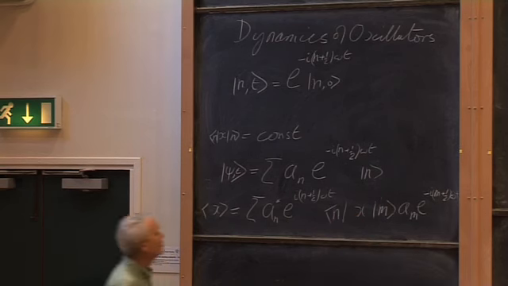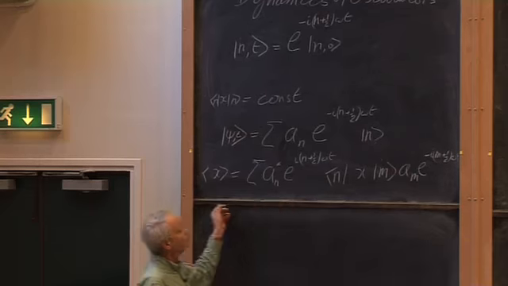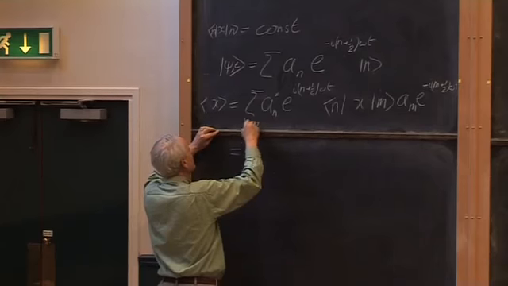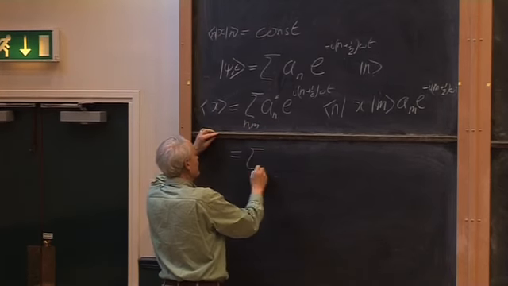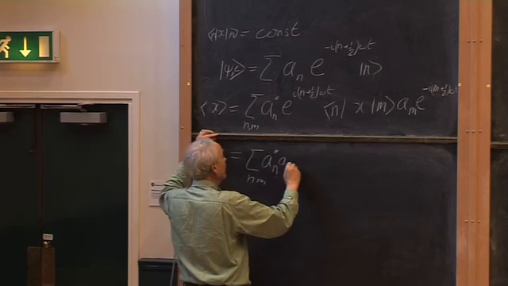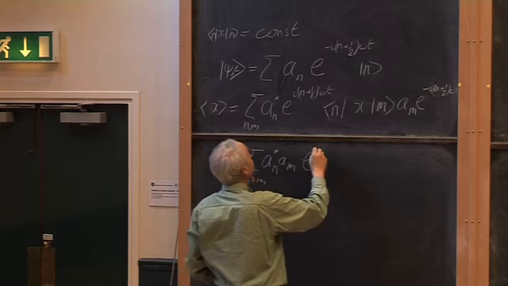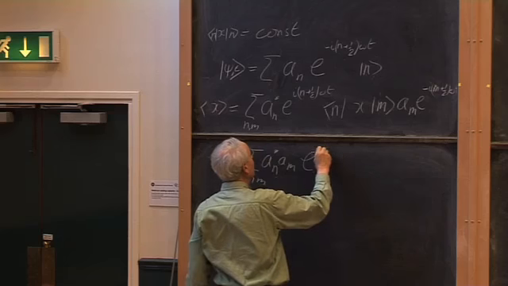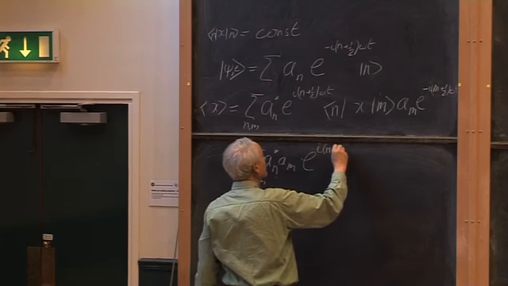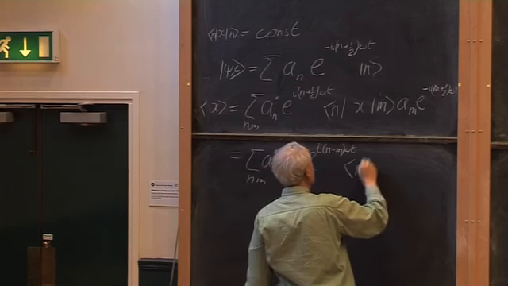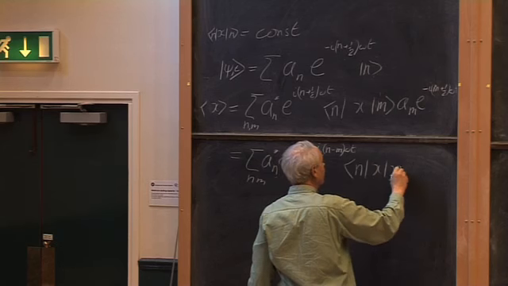So we can clean this stuff up. This is a sum over n and m, of course. It's going to be the sum over n, m of a_n star a_m e to the i n minus m omega t times bra n x ket m.